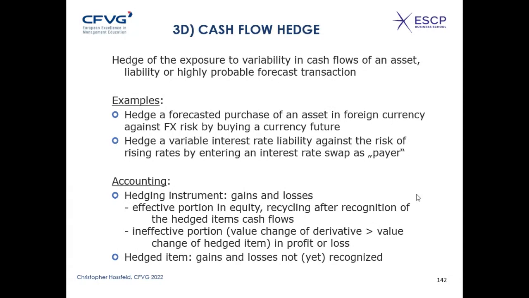So today I engage in the future contract, for whatever, $1 million. And we fix today already the price I have to pay in euros for those $1 million. And then in 6 months, I buy the dollars. I pay the euro amount that we fixed 6 months ago.